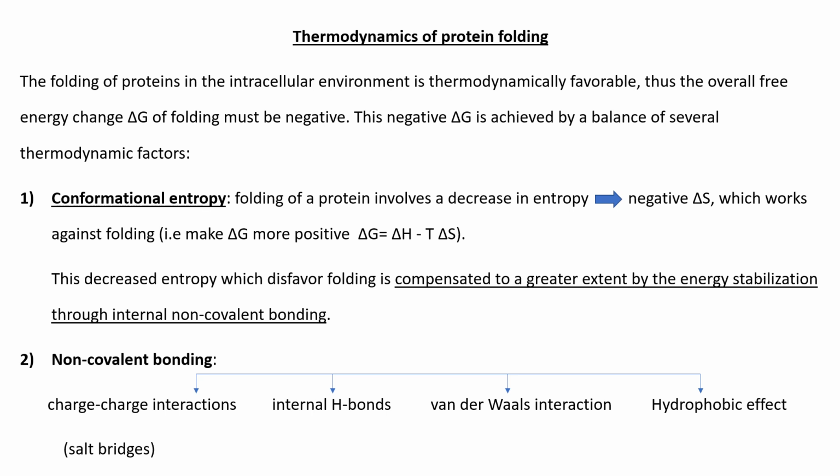We said that for delta G to be negative, the term delta H must be decreased and the term T delta S must be increased. So when the entropy is decreased, this works against folding and will contribute to a positive value of delta G. This decreased entropy will disfavor folding, but it is compensated to a greater extent by the energy stabilization through internal non-covalent bonding.